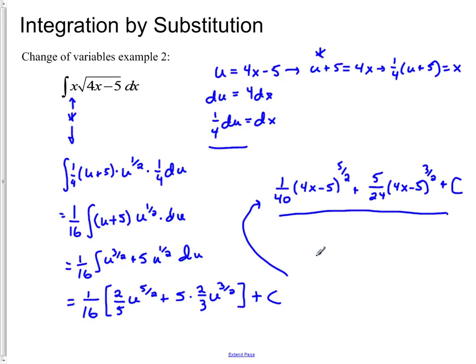And at this point, we can leave this, or we can rewrite it using radicals. Let's go ahead and leave this right now, and we'll say we're happy with that.